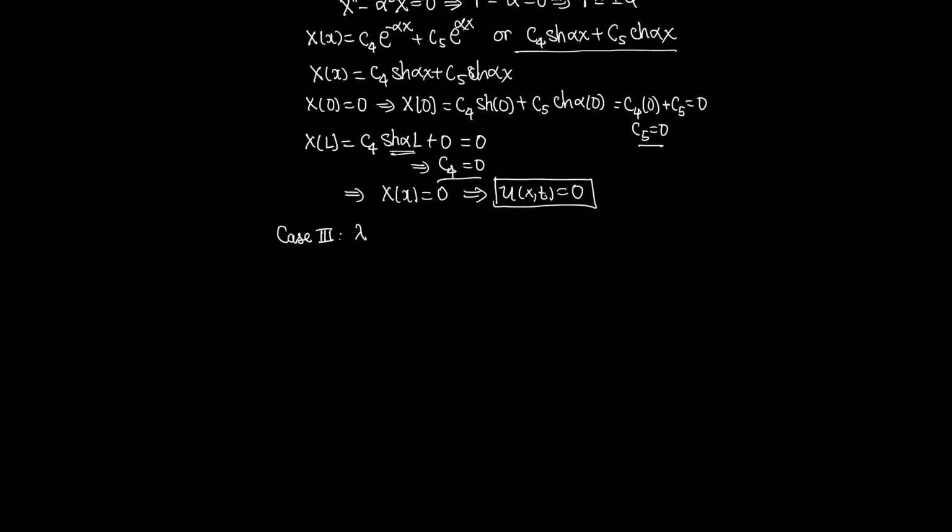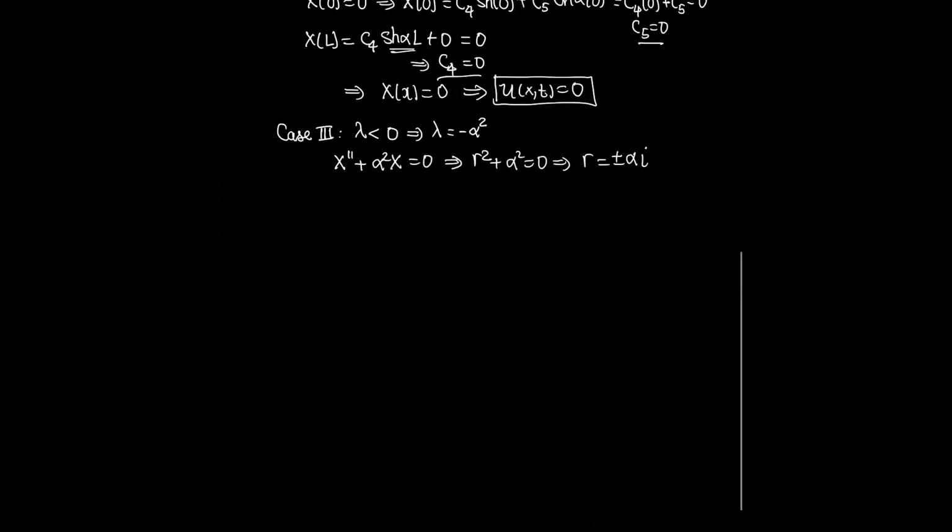Okay, lambda, I'm going to assume now it's negative. I'm going to say minus alpha squared. Then I have the equation X'' plus alpha squared X equal to 0. If I solve the characteristic equation equal to 0, then I have r equal to plus or minus alpha i.